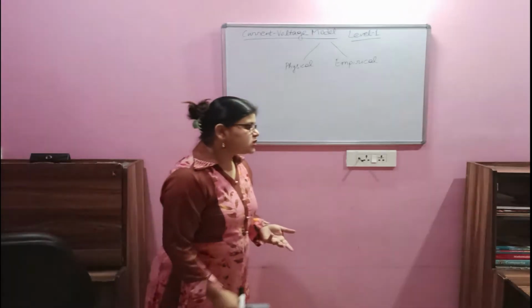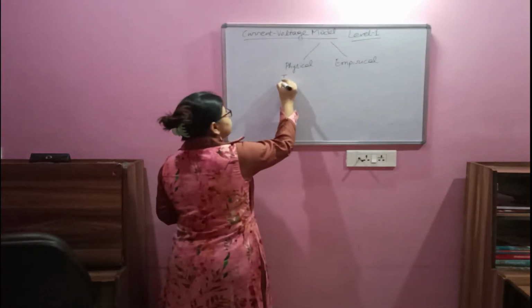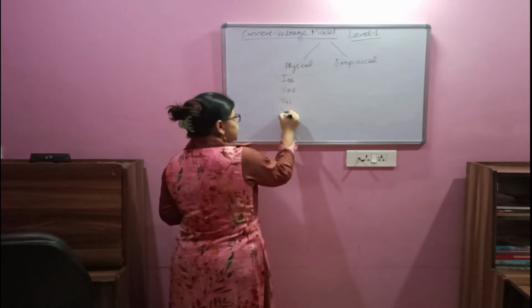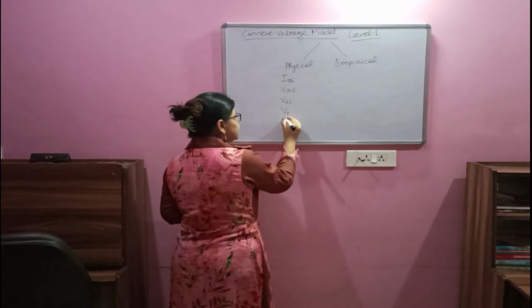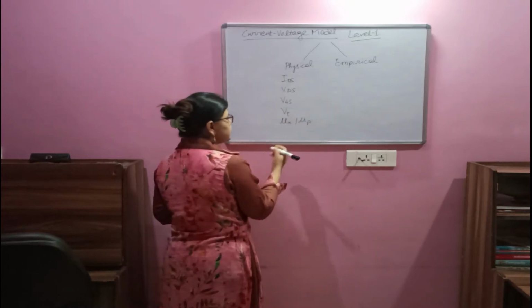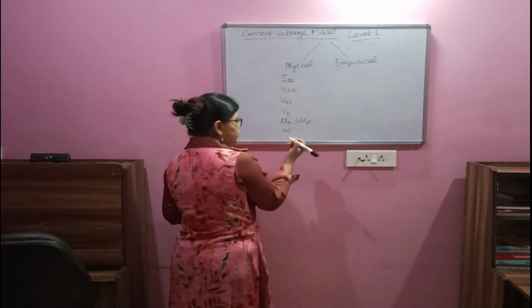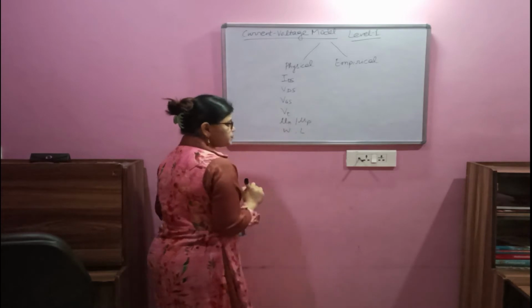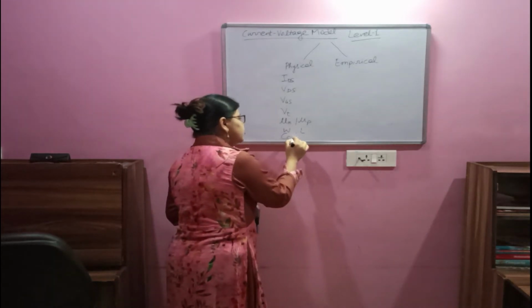If I talk in terms of a MOSFET, we have IDS, VDS, VGS, threshold voltage VT, mobility mu n or mu p depending upon n channel or p channel, W the width of the channel, L the length of the channel, then C oxide and so on and so forth.